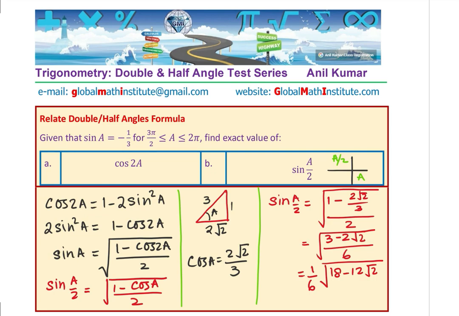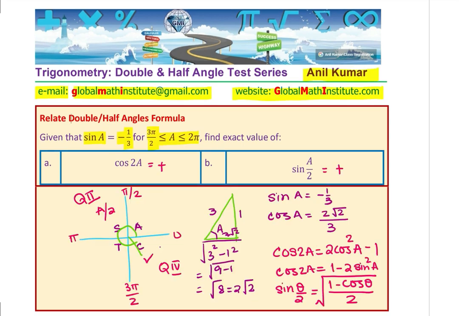I hope with this you understand how we solve such questions. To begin with, we should realize in which quadrant we are working, and in that quadrant, which trigonometric ratios are positive and which are negative. Making use of a triangle, we can find cos A directly from sine A. We may use it later.